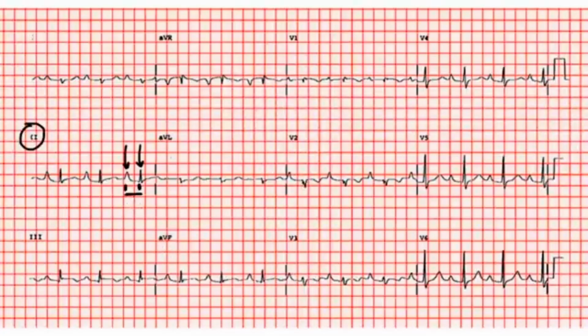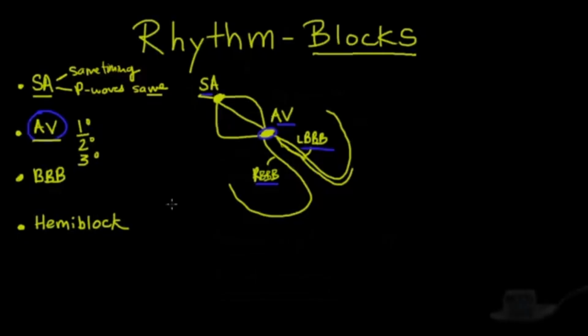Therefore, this is going to be a first degree AV block. Okay, so let's review. A first degree AV block has a 0.20 second PR interval or longer than a 0.2 second PR interval, and that's going to define our first degree AV block.